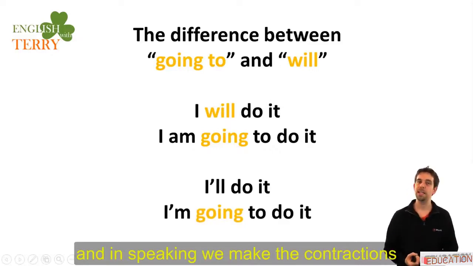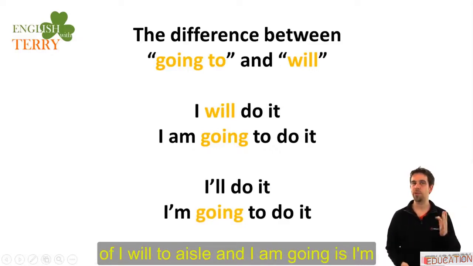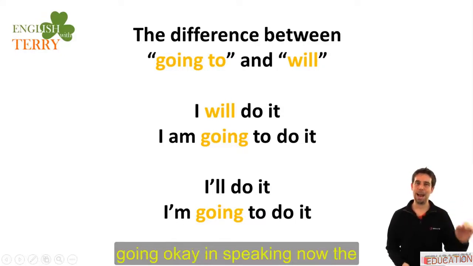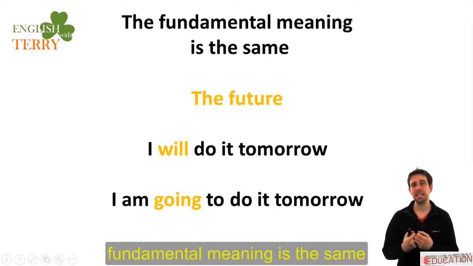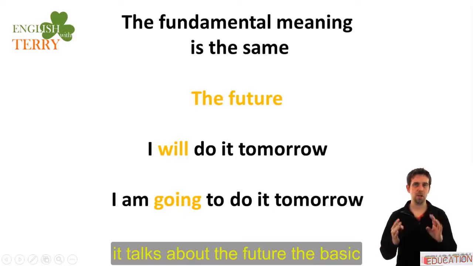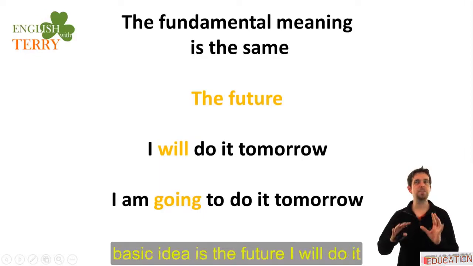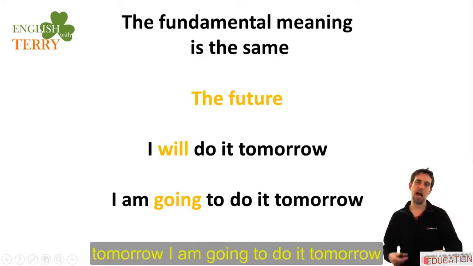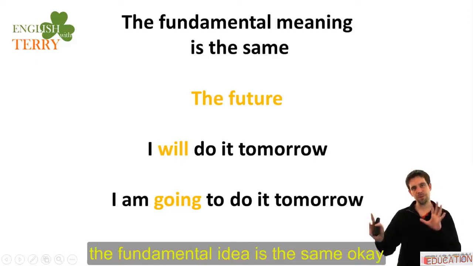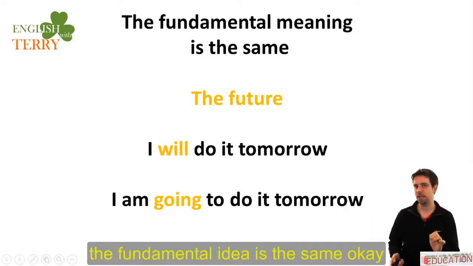And in speaking we make the contractions of I will to I'll and I am going to I'm going, okay, in speaking. Now, the fundamental meaning is the same. It talks about the future. The basic idea is the future. That I will do it tomorrow. I am going to do it tomorrow. The fundamental idea is the same, okay?